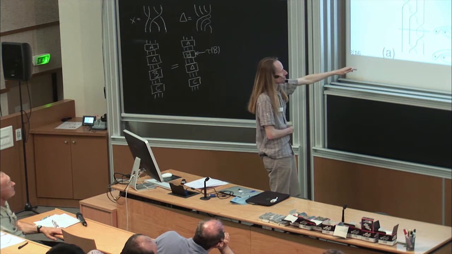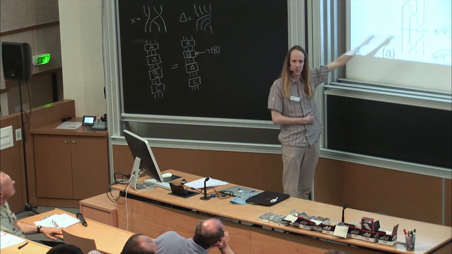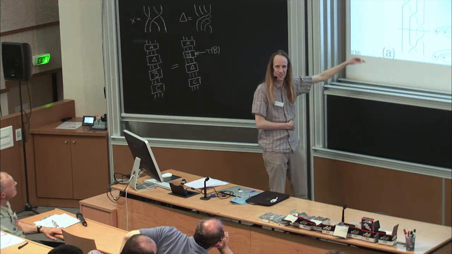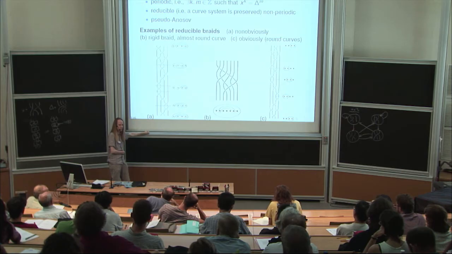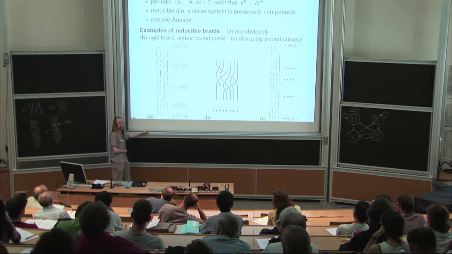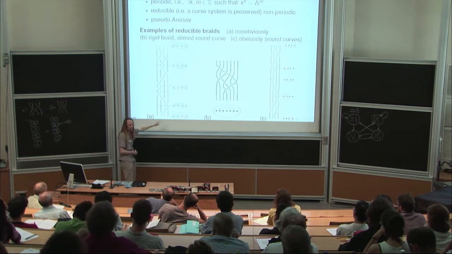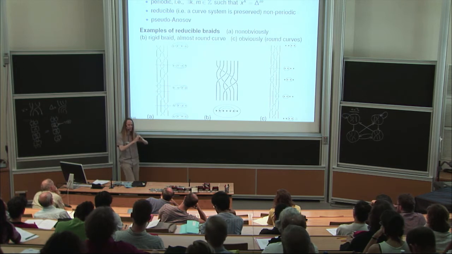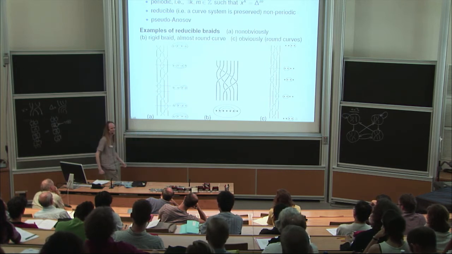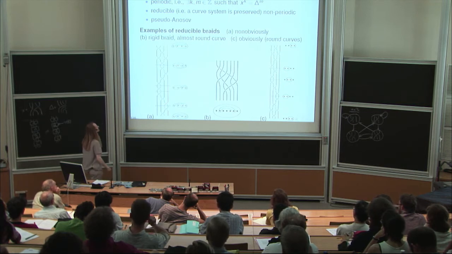If you look at the whole conjugacy class of this braid, every other element of the conjugacy class has at least as many factors. So it is as short as possible in its conjugacy class. Now it is true that there is some other braid which is as short as possible in its conjugacy class, which has nice round reducing curves. But how do you find that?